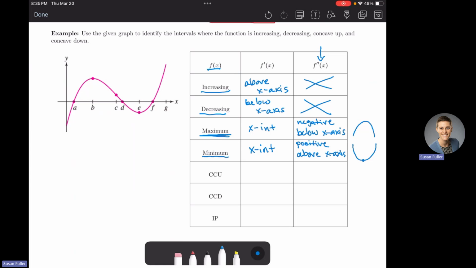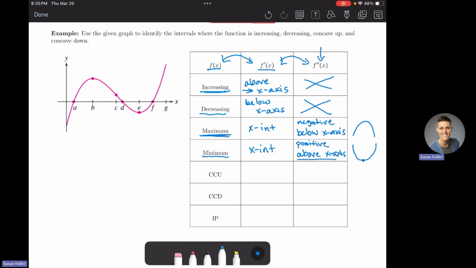And similarly, because the second derivative is the derivative of the first derivative, the connections between these two are going to mirror the connections between these two. Notice how when my derivative was above the x-axis, my OG was increasing.